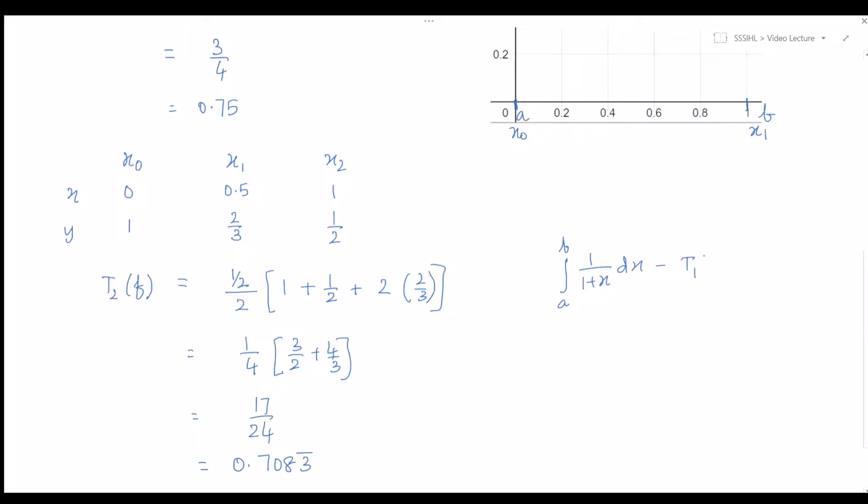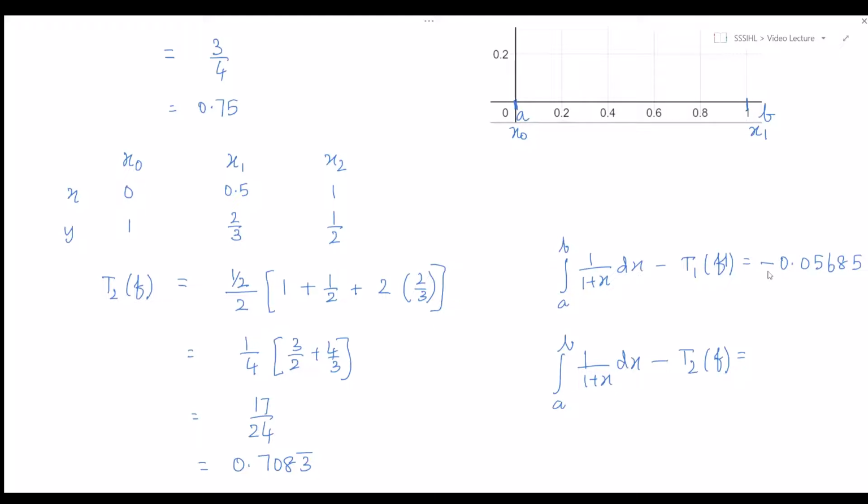Now you see for T1, the actual value, integral a to b of 1 by 1 plus x into dx minus T1 of f, is equal to 0.6931 minus 0.75, that is minus 0.0568582. Whereas when it is approximated by dividing into two intervals, what happens to the error term?